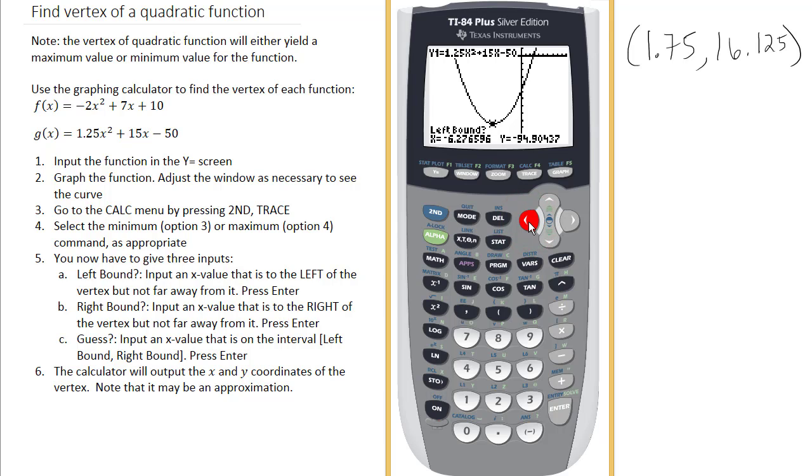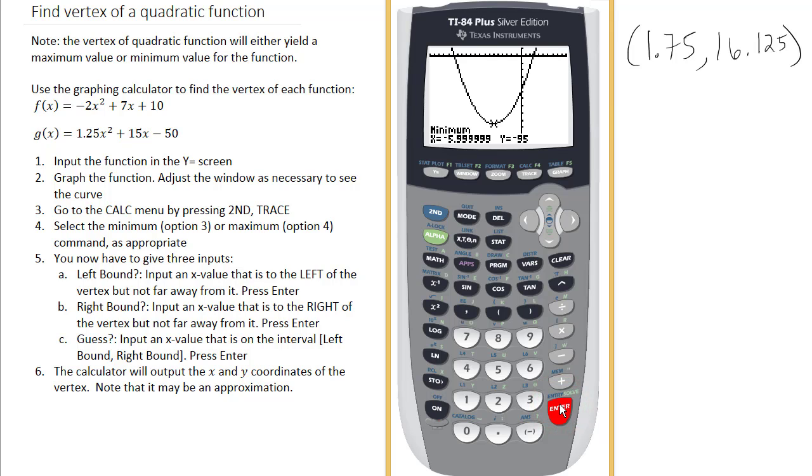I've moved my cursor to about negative 6.27. It's around there, so I'm going to move to the left several places and hit Enter. Then I'm going to move my cursor to the right, past where I think the vertex is by several places. Hit Enter a second time. Move my cursor back towards the middle where I think the vertex is. Hit Enter a third time.